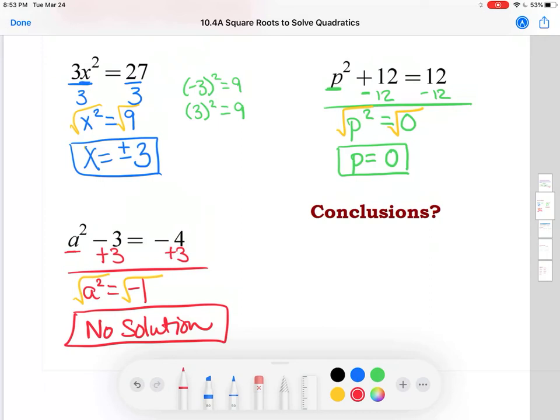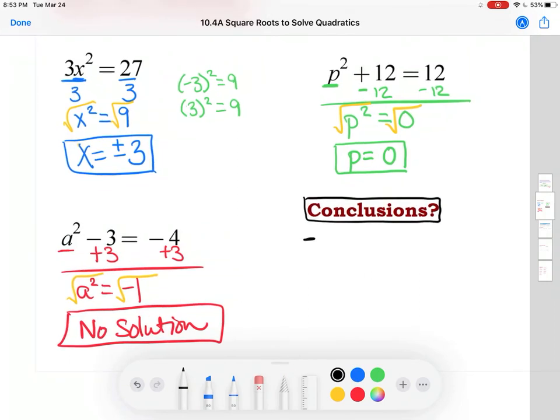All right? So, in general, just from these three examples, are there any conclusions we can make? Maybe, if we were in the classroom talking to each other, maybe we could talk about how sometimes there are two solutions. Sometimes, like with our second example up there in green, we only have one solution.